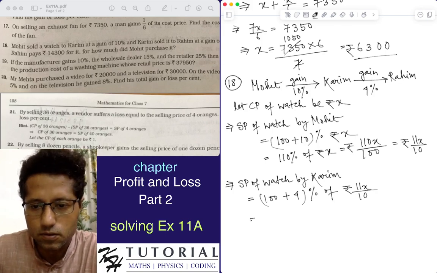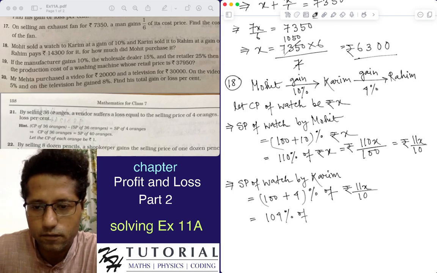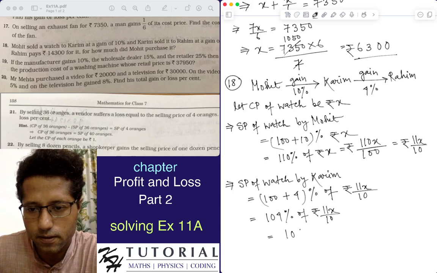So this is equal to 104% of rupees 11x by 10. This equals 104 divided by 100 multiplied by rupees 11x by 10.